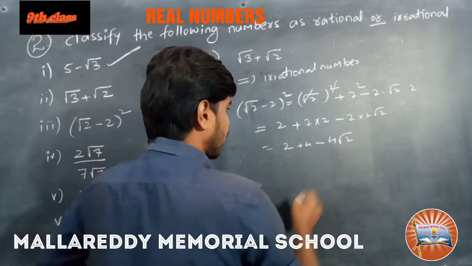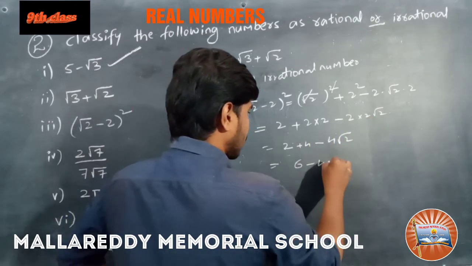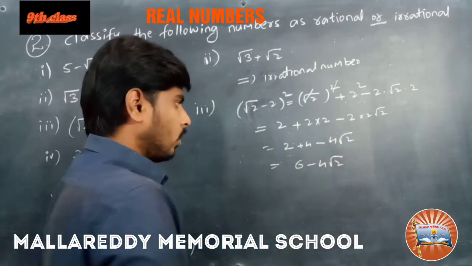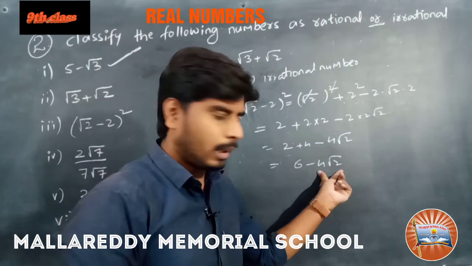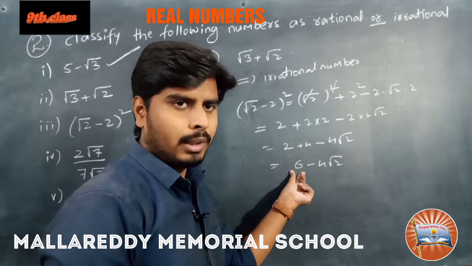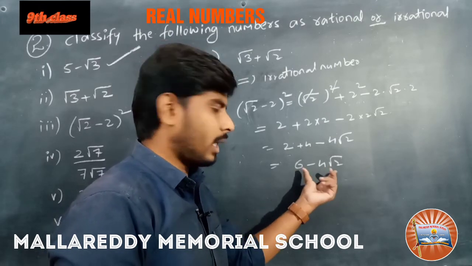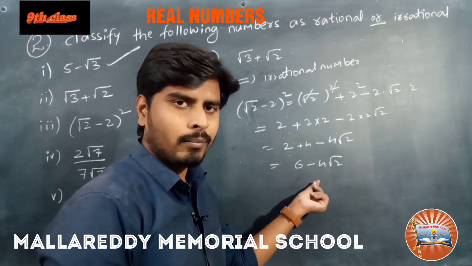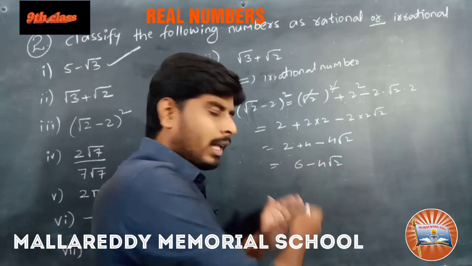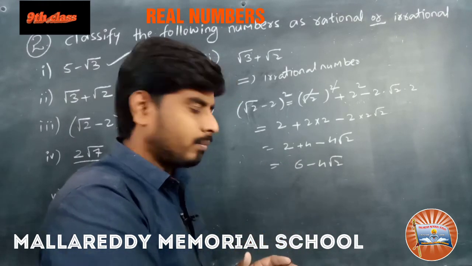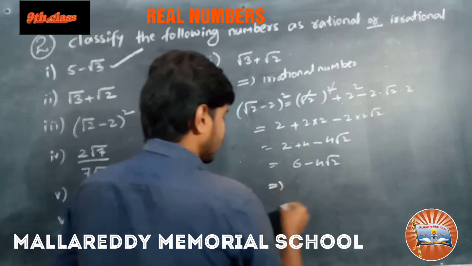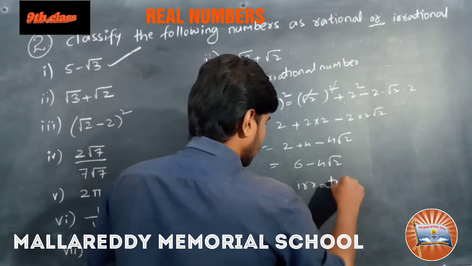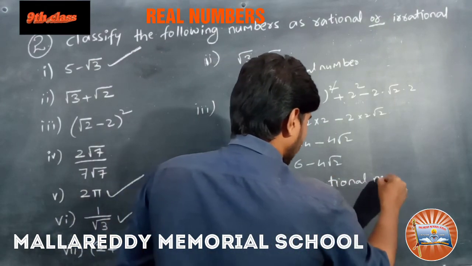So 6 minus 4 root 2. This 4 root 2 is an irrational number and 6 is a rational number. Between the rational and irrational number we have a subtraction sign, so we get an irrational number.